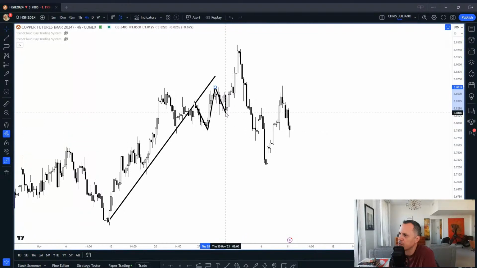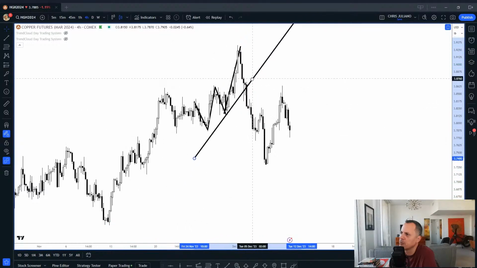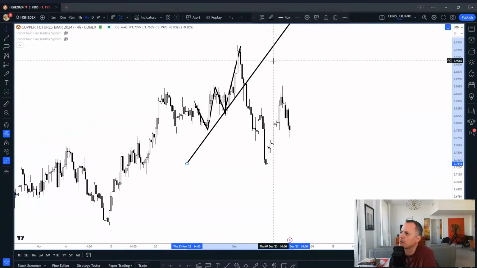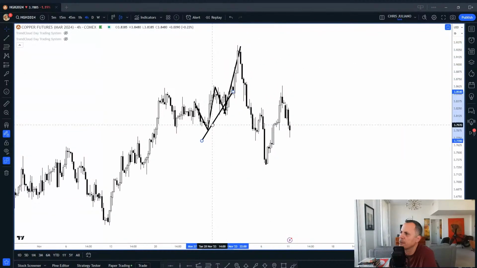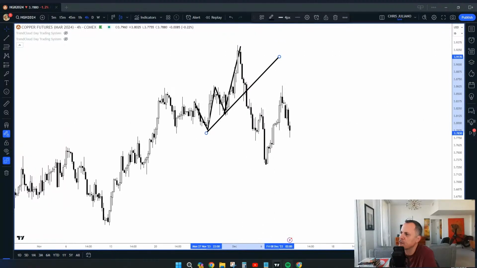It just came down and then made one last move to the upside. So then you can take your trend line, put it there, and what do you get? Break of structure.